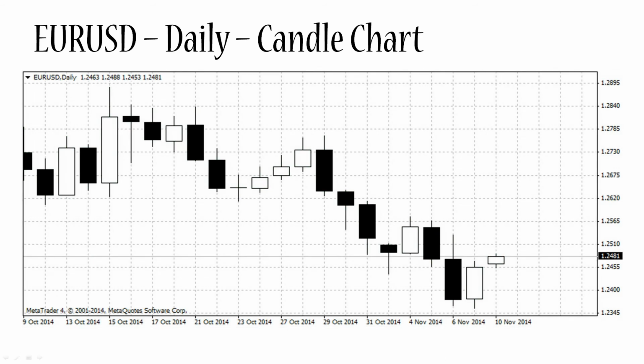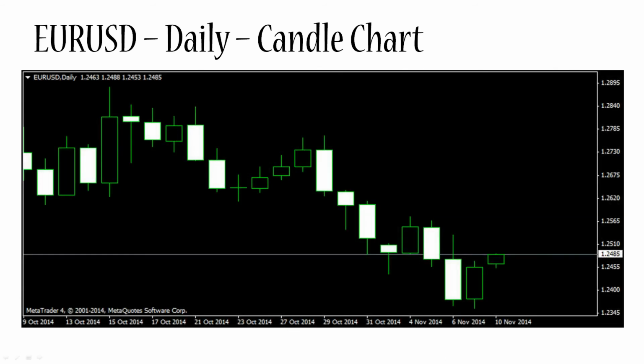But the way to remember is not black and white, but hollow and filled. In this case, the background of the chart is black, so hollow will be black, and therefore the bullish bars are black in this instance. Whereas white is the opposite of black, and therefore the bearish bars are white, and they're filled with color in this case.